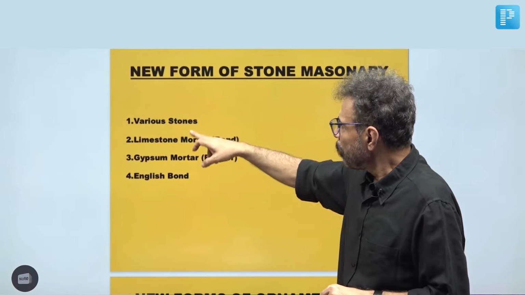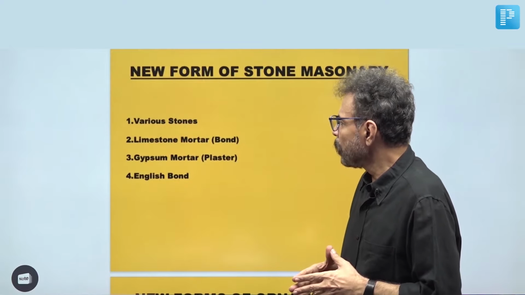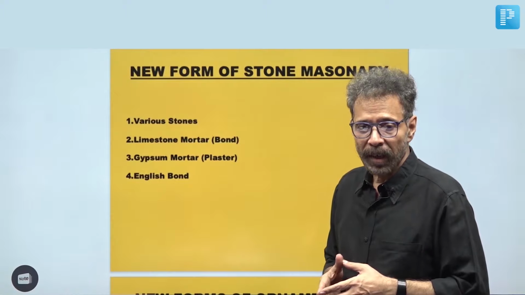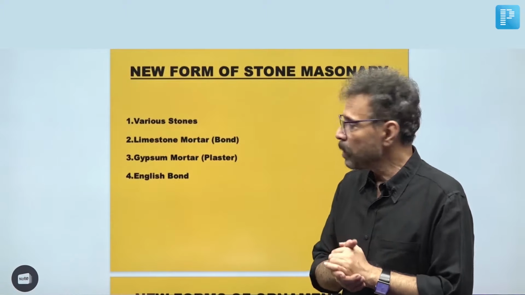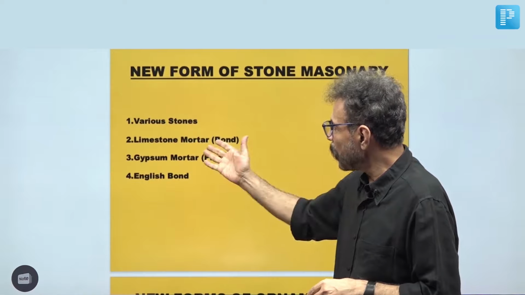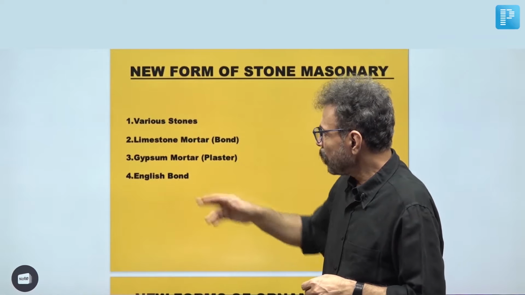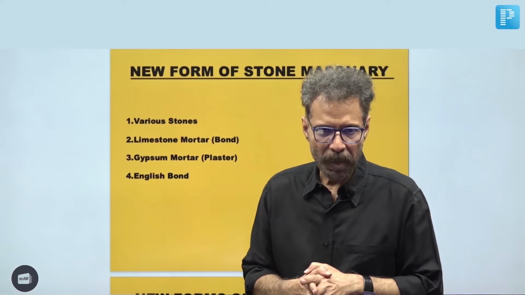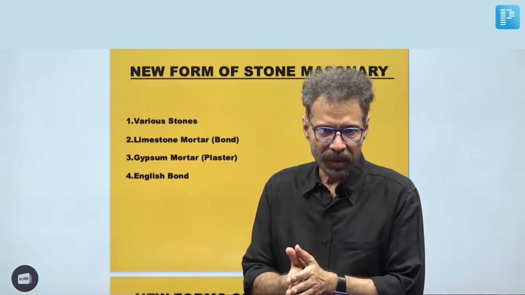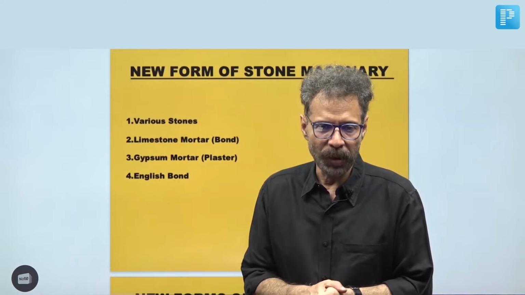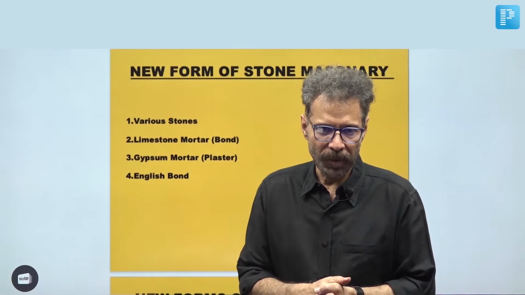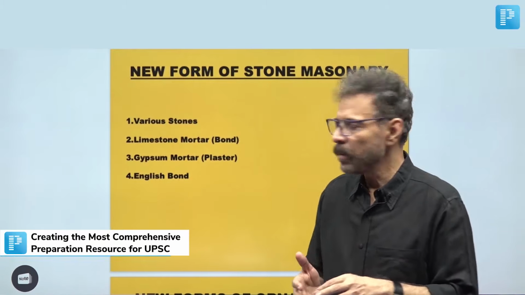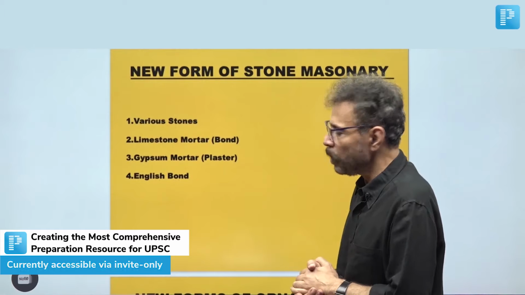And 2 and 3 were not present in India before this, and the only evidence of this kind of superior kind of mortar, that is particularly gypsum mortar, we get from Indus Valley civilization. But after that, we don't have any evidence. It appears Indians lost this knowledge. And then this knowledge again appeared with Islamic rule here.